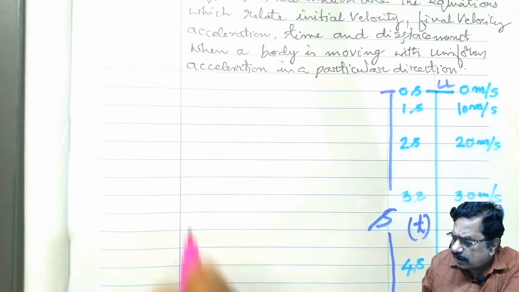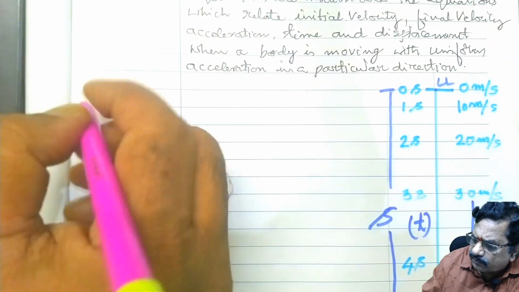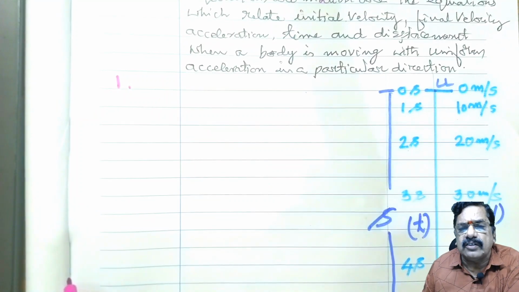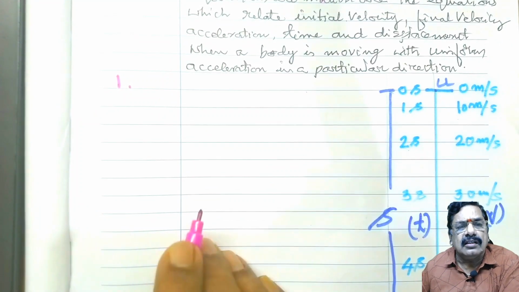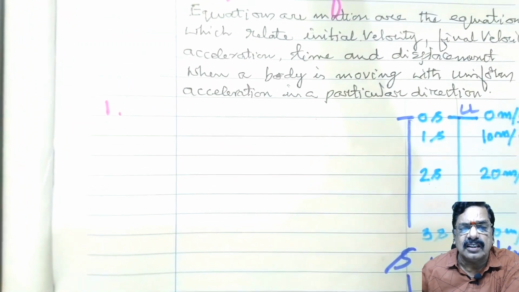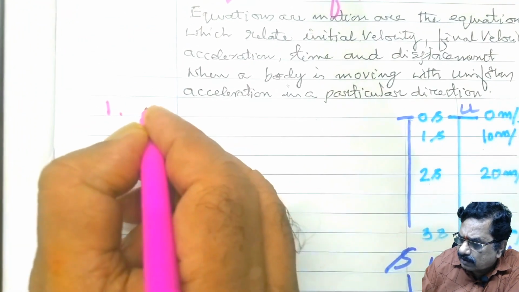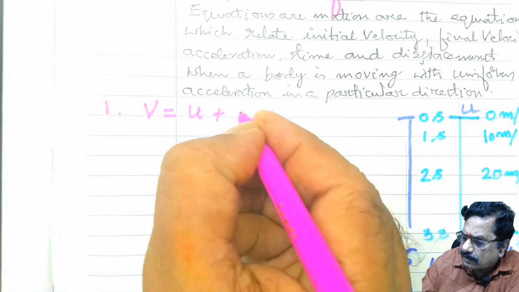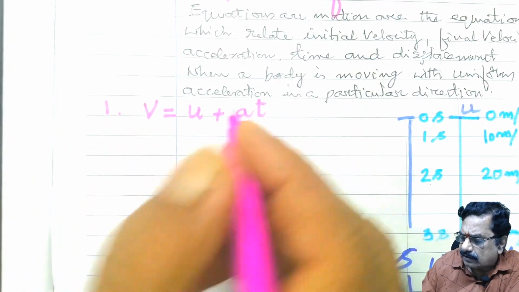Now I am writing the equations of the motion one after the other. In our syllabus we have only 3 equations of the motion. In 11th class you will learn more about these equations. Number 1, V is equal to U plus AT.